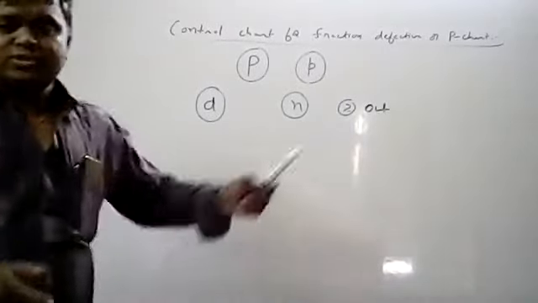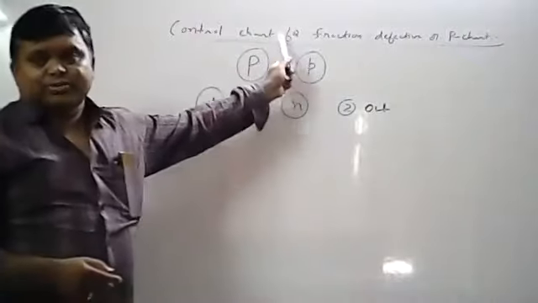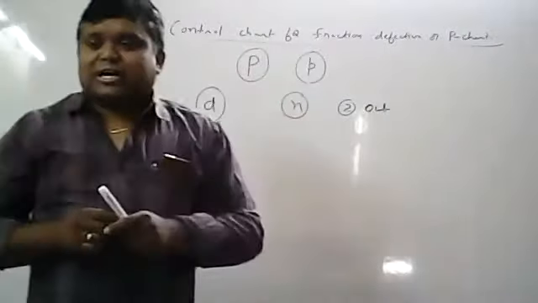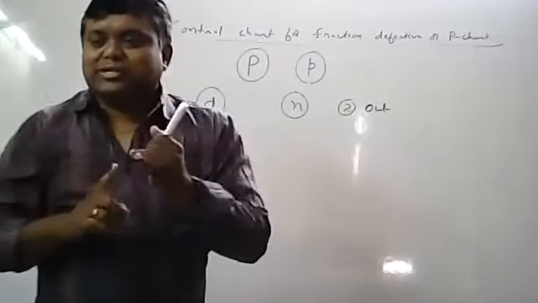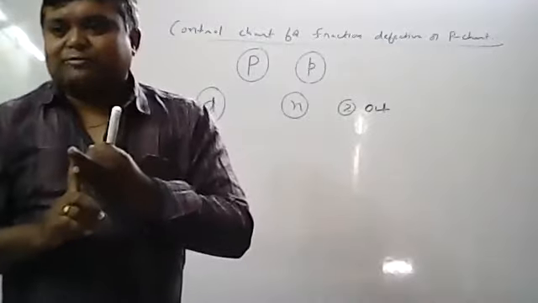First you have to learn when this P chart is used. P chart is used if you consider the product or sample unit as a whole, and you say either defective item or non-defective item.